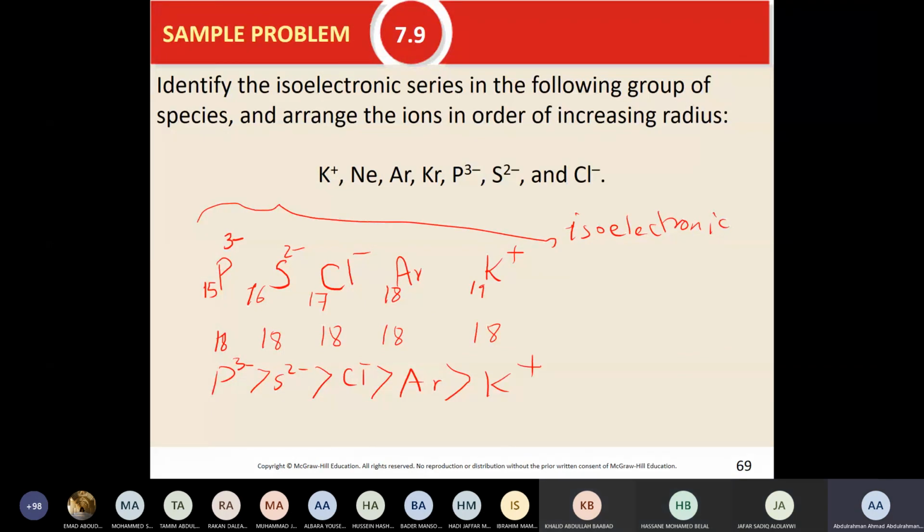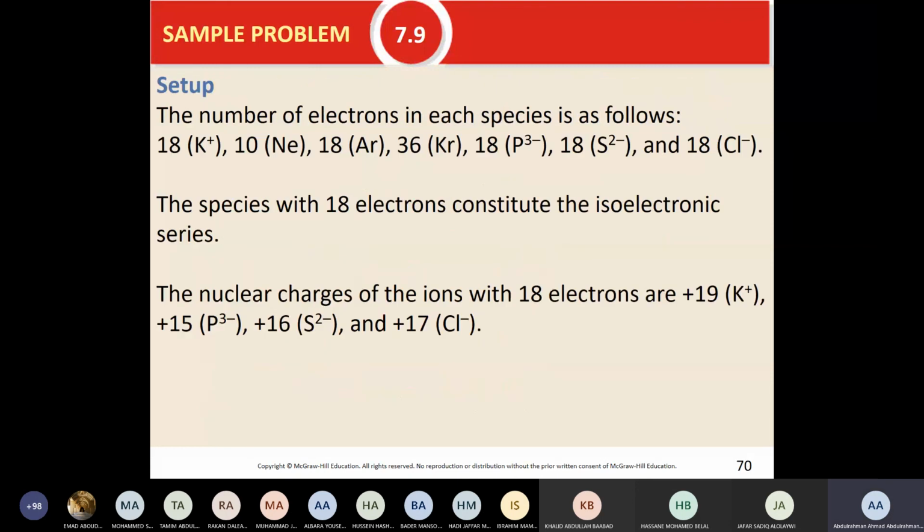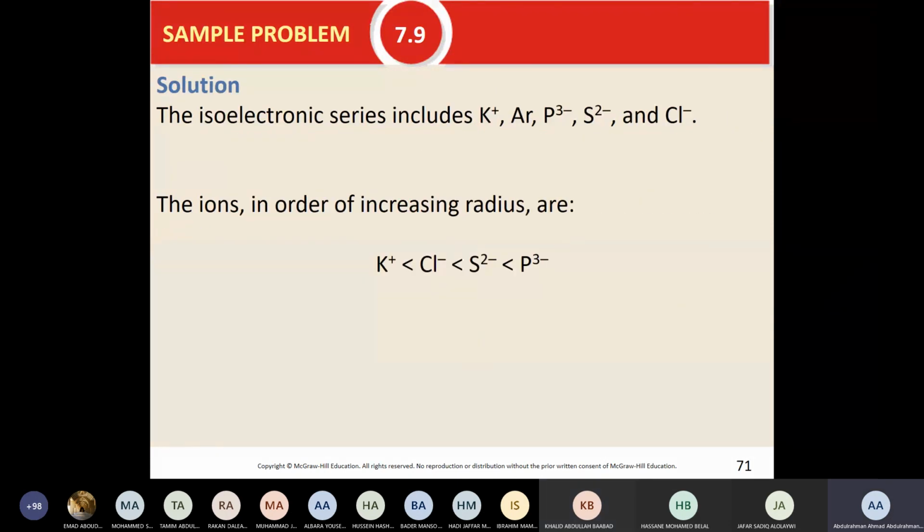I'm talking about this group only that I made for you now. Is this clear? Yes. Isoelectronic. I did not talk about the other elements. So these are in this order. Now, neon, of course, is smaller than argon, because it's above it. All right. And this is actually the electronic structure.